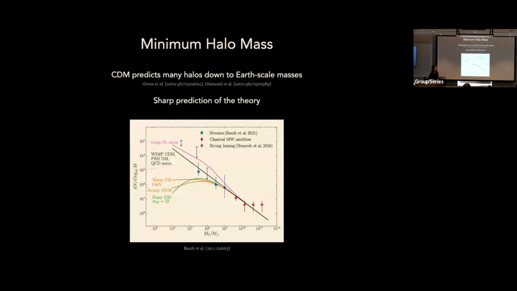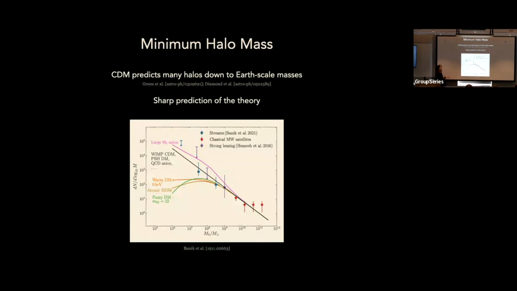So one way to capture that is to talk about essentially just doing statistics on the numbers of halos that we have of a given mass, which is referred to as a halo mass function or subhalo mass function. I'm showing an example here. This is halo mass on the x-axis, and the y-axis is just the number of halos in each given mass bin.